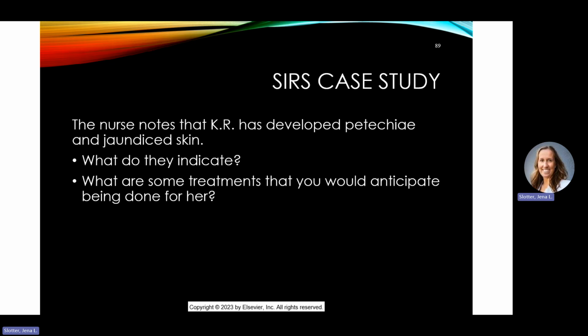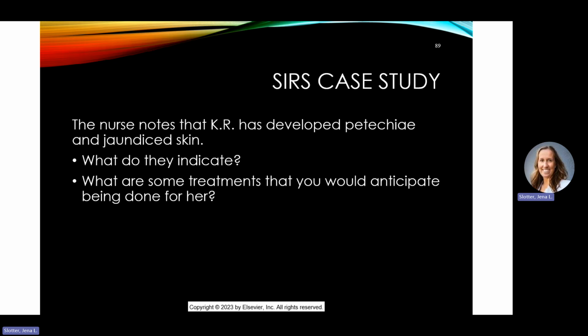Okay, our patient has developed petechiae and jaundiced skin. What do those things indicate? And what are some treatments that you would anticipate being done for her? So, jaundice, what are we thinking about here? What organ? We're thinking about the liver, and we're thinking about our increased bilirubin. And when we think about the petechiae, our first thought is probably going to be DIC.